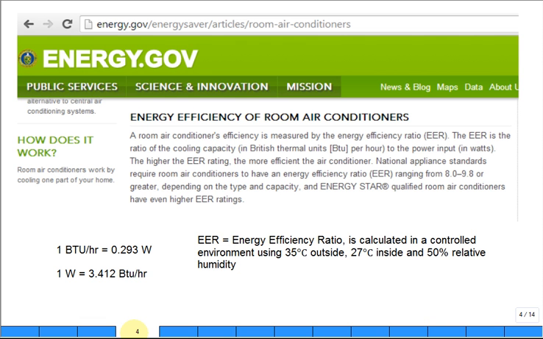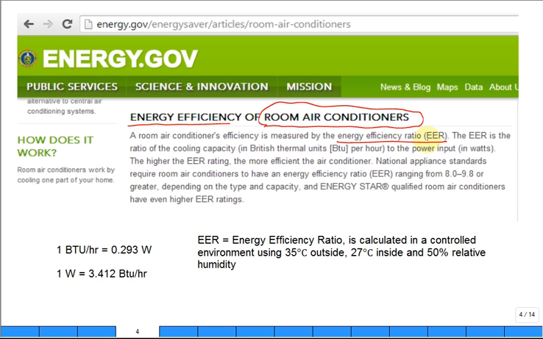They commonly report the performance of common pieces of equipment: refrigerators, room air conditioners, central air conditioning systems, heat pump systems, furnaces. For what they call a room air conditioner, that would be something like a window unit instead of a central unit. They have the energy efficiencies reported in an EER, energy efficiency ratio.